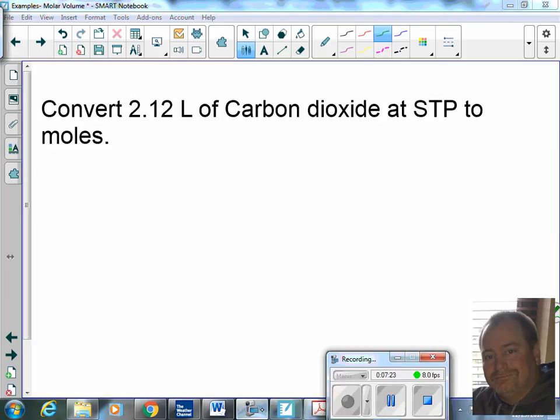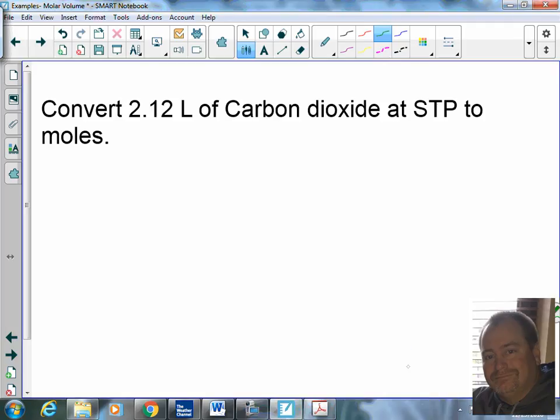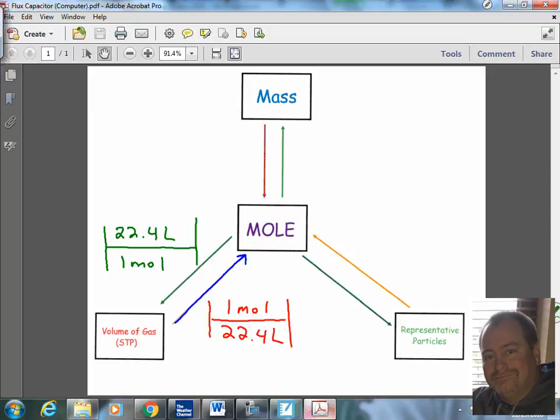I'll give you a second. Now this is telling me that I have 2.12 liters of carbon dioxide at STP. And I need to convert it to moles. So this is just like the last example that I have.